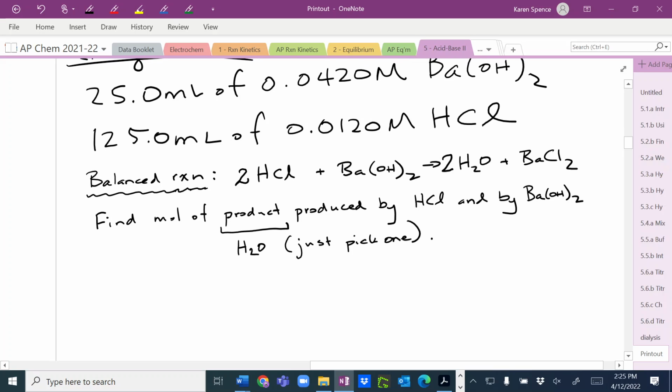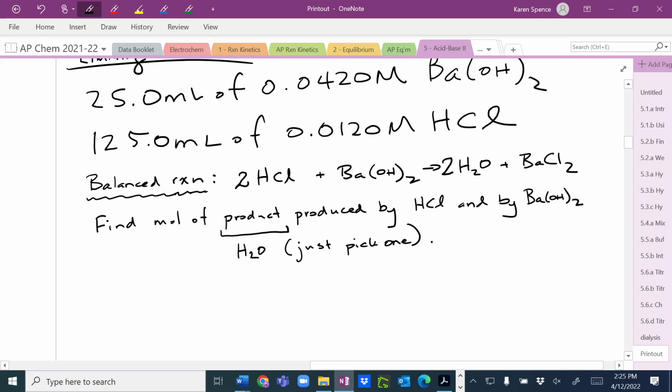So we're going to say moles of H2O from Ba(OH)2 is, let's see, shall we do millimoles?